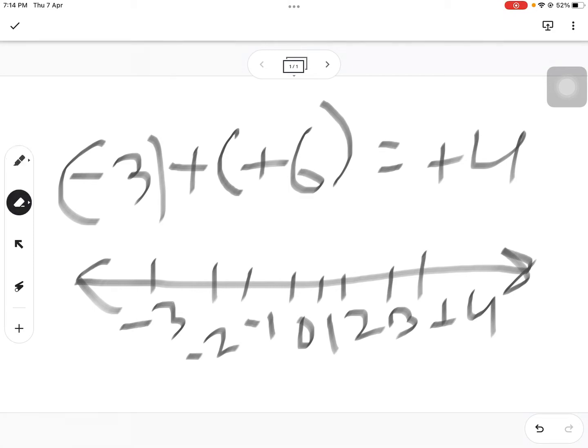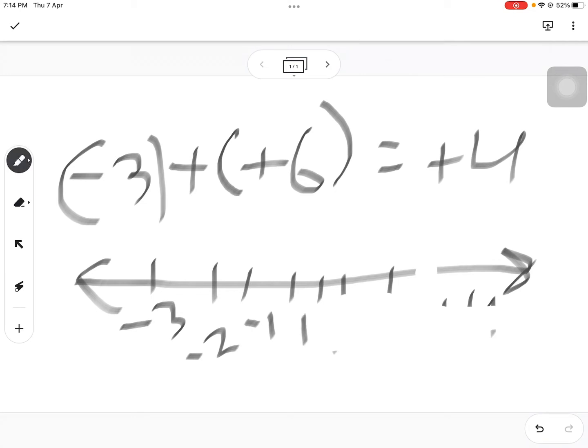So we'll just remove 0, remove this, and just remove the positive sign. Negative 1, then 1, 2, 3, 4. Positive 4. Now for the next question, we are going to be doing.